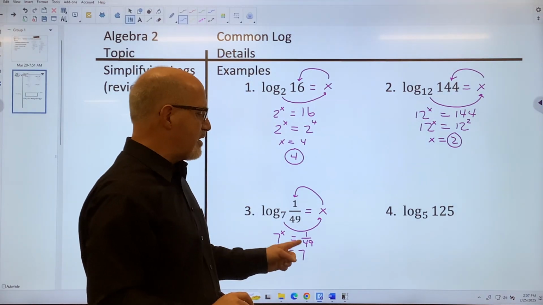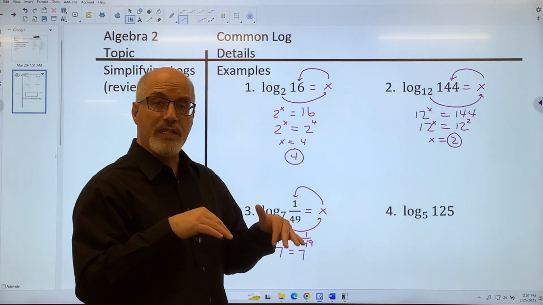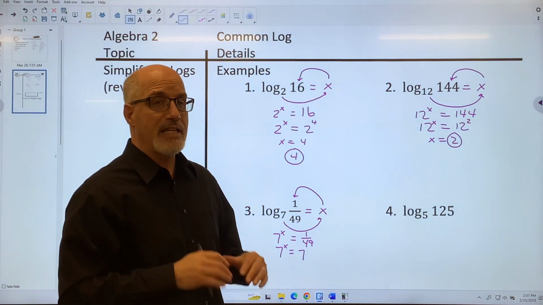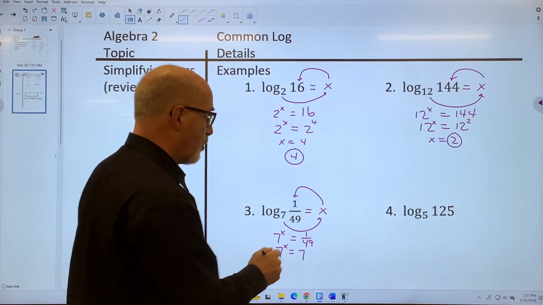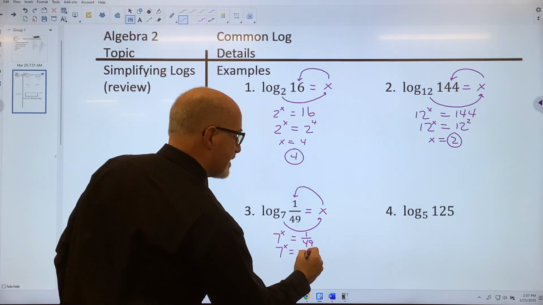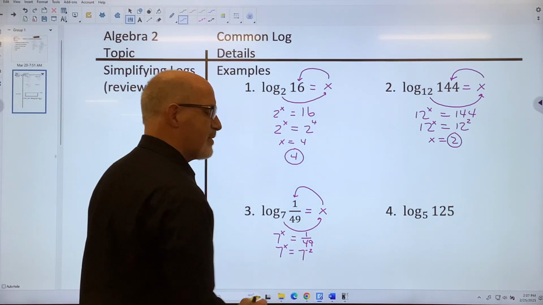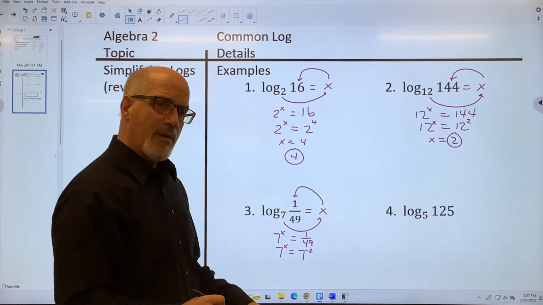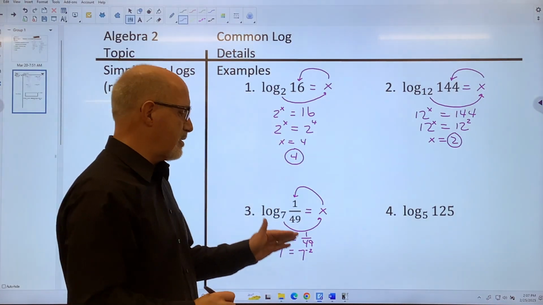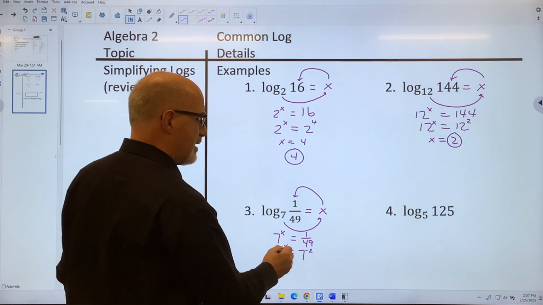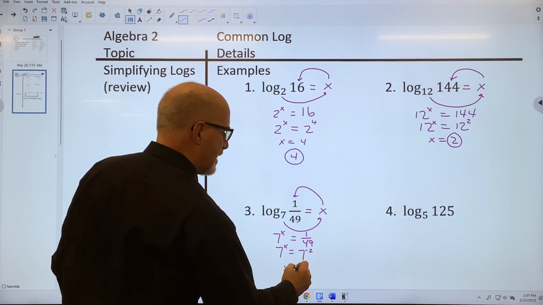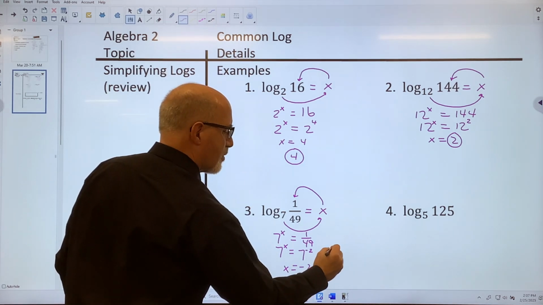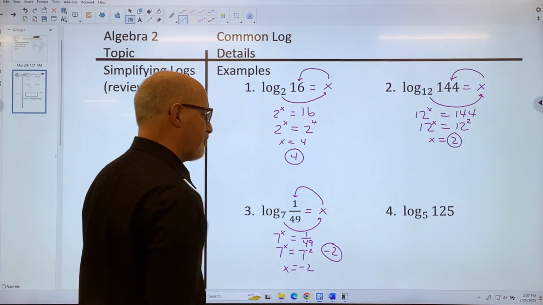We know that 7 squared is 49, but when it's in the denominator, that makes it a negative exponent. So 1 over 49 is the same as 7 to the negative 2nd power. So denominators, negative exponents. Now we have the same base on both sides. We can set the exponents equal, so our answer is negative 2.